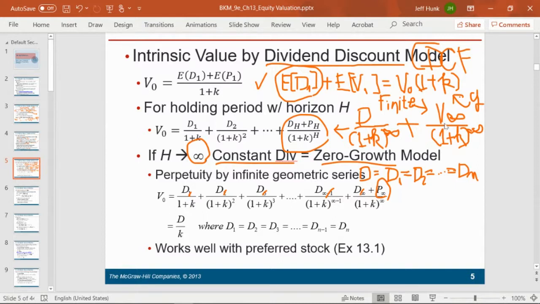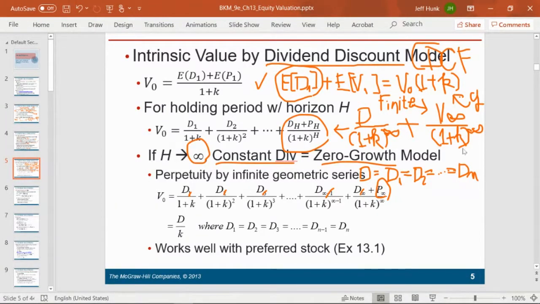Now, anyway, think about it. If this is a finite number, right? Numerator is a finite number. What about the denominator? I just did 1.02 raised to 1,000. It comes to a huge number. If this goes to infinity, this is going to be an incredibly huge number.